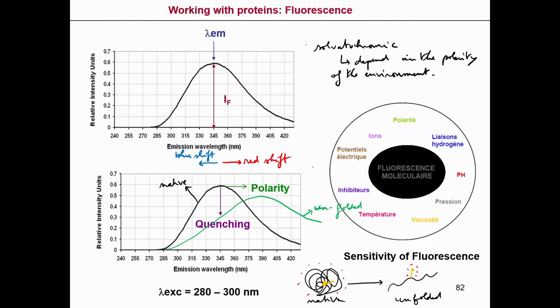I mean, the fact that tryptophan will emit at a higher emission wavelength when exposed to a higher polarity environment, is that a characteristic of tryptophan, or is there something that I didn't catch? No, it's a characteristic because the emission of a protein is related to tryptophan, because it's the only amino acid which has fluorescence.